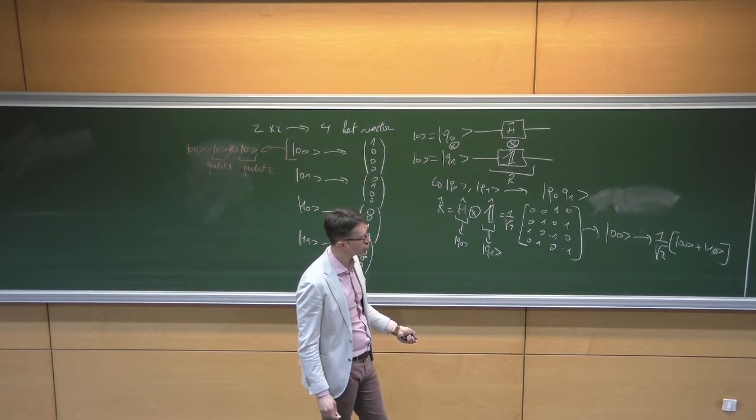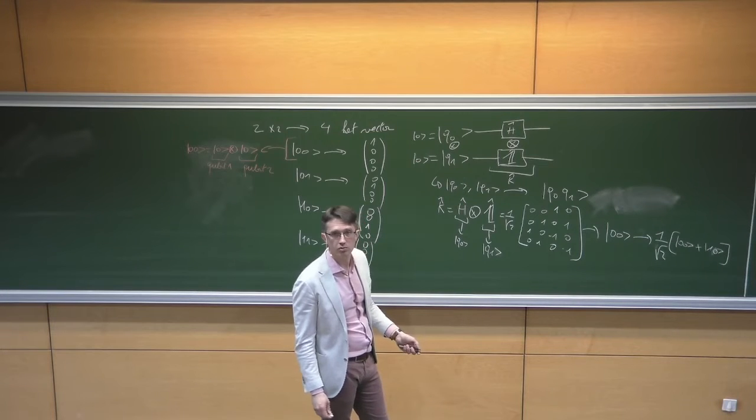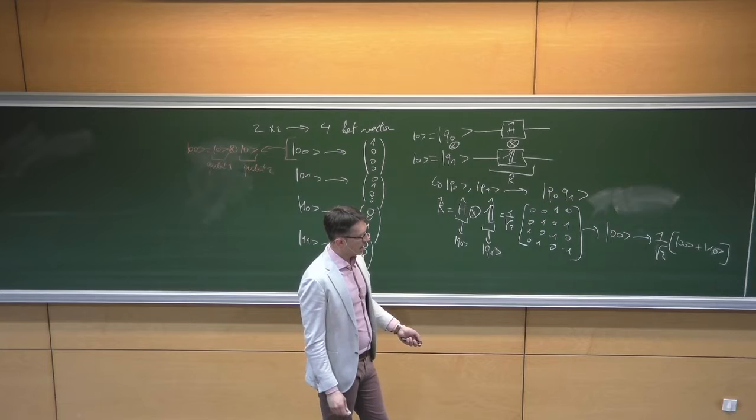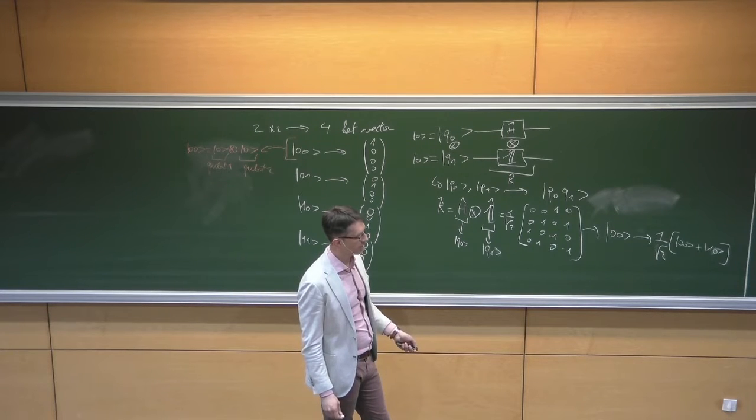And then we do a control NOT gate between Q0 and Q1, and this is the control NOT gate, applied to this specific 4x4 ket vector, so 1, 0, 1, 0. The control NOT gate looks like this, and if I multiply it with this state, I obtain 1 over square root of 2, but this time I have 1, 0, 0, and 1, where this is for the 0, 0 state, and this is for the 1, 1 state.